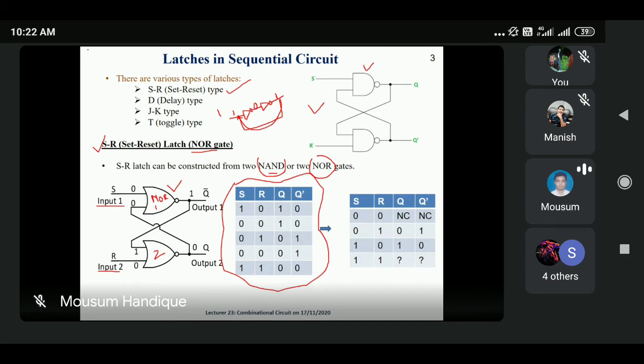So when someone says this is the state table, you can automatically understand this is the behavior of a circuit that belongs to the sequential circuit, not a combinational circuit. Because for a combinational circuit, the behavior is represented with the help of a truth table, not a state table. So this particular table we define as a state table.